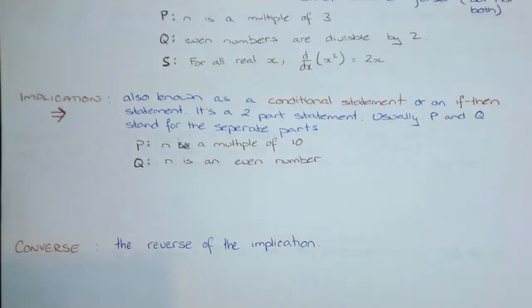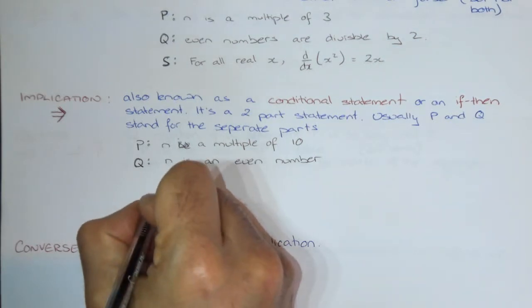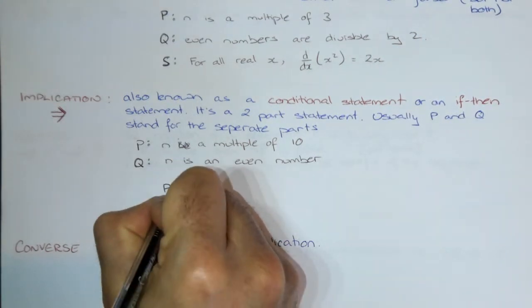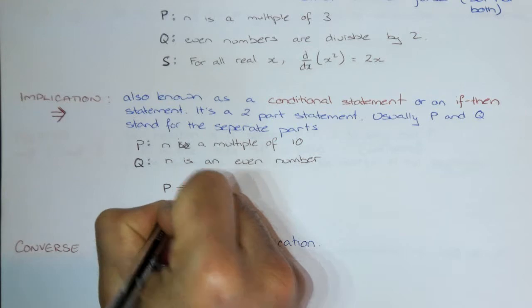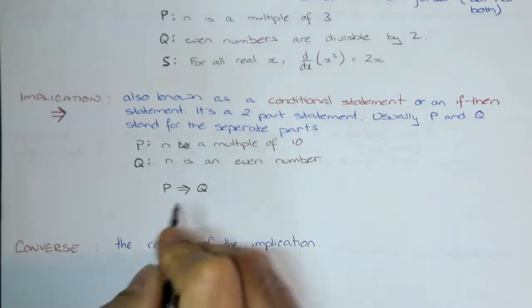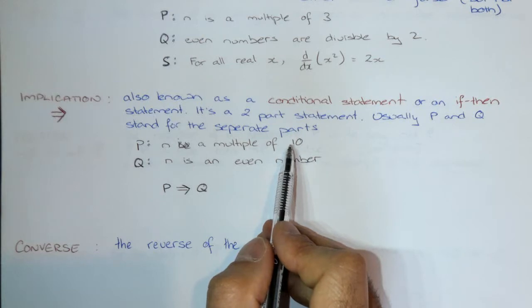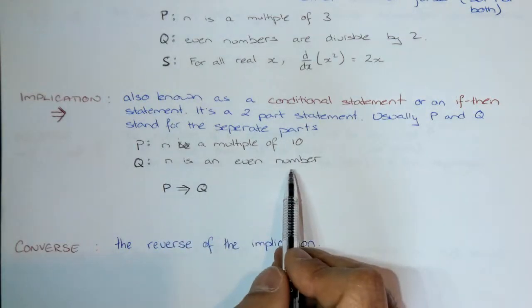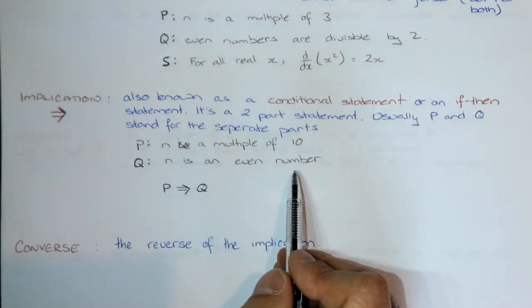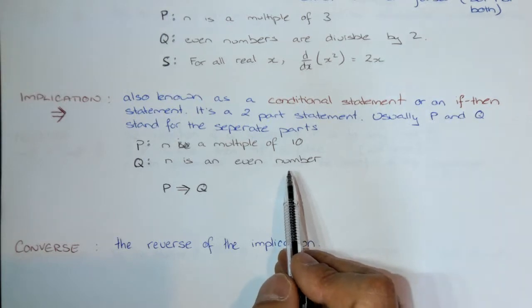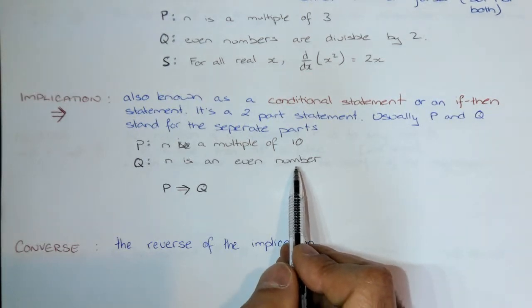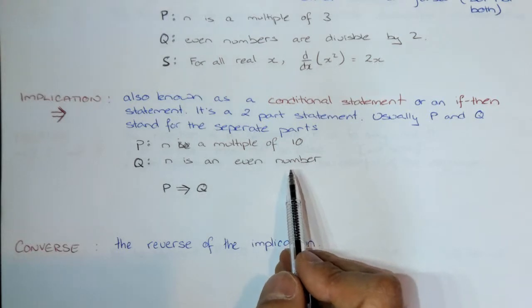So I can state P implies Q. If n is a multiple of 10, such as 10, 20, 30, 40, 50, 60, it implies that it's also an even number, which is true. 10 divided by 2 is 5, 20 divided by 2 is 10, 30 divided by 2 is 15, so that is true.